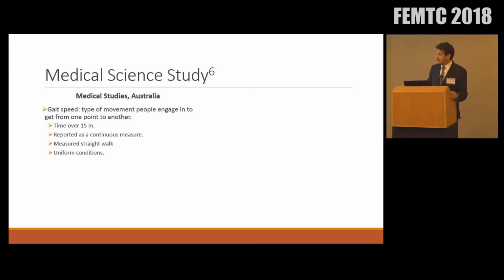It's a continuous measure, measured as a straight walk under uniform conditions. They looked at more than 4,600 studies, and they did a major quality check to make sure all the specifications are the same for the data they're studying. They chose 48 studies, and the number of individuals tested in these studies is 7,000.